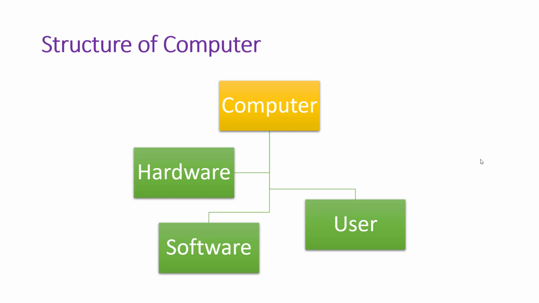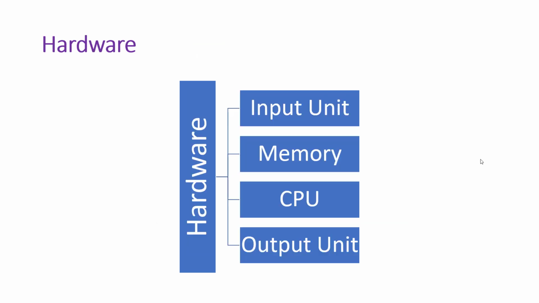Hardware is the physical components which we can see, touch, and feel. Software is the programs or applications running on a computer system on top of the hardware. And the user uses the hardware through interaction with software.